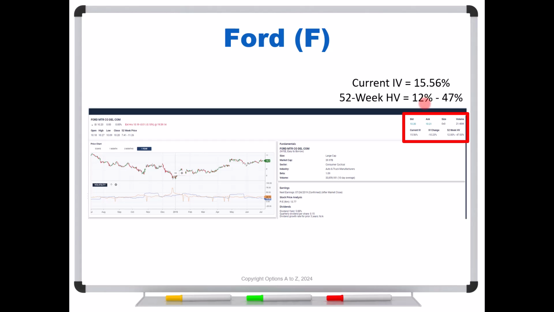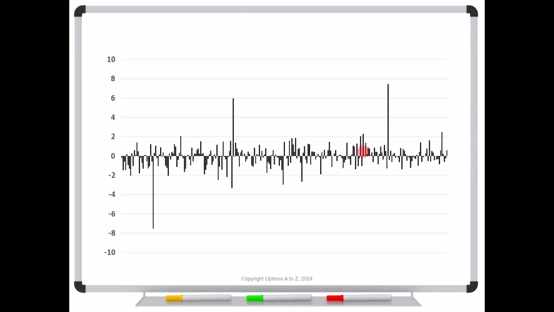But what traders don't realize is that stock prices, not just Ford, but stock prices have fat tails. So let's go look at the one-day returns for Ford, at least during the time that this was shot, over a one-year period. And here they are. Now each bar represents the percentage change for that day, but we're putting it in terms of standard deviations. So you can see here is 0.